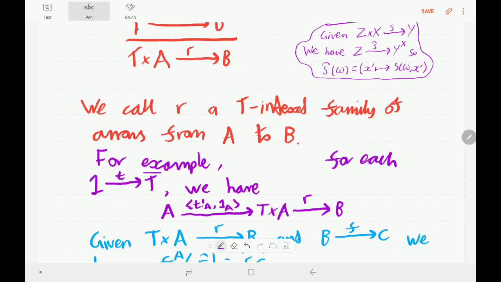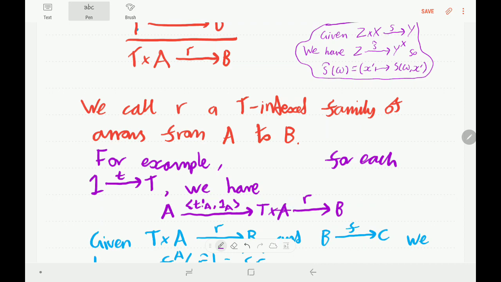So consider a point of T. This we're now talking about in general categories. Given this T, which we can think of as a parameter, we then have this arrow from A to B, where we start from A, we have this parameter T, and we leave this A free.